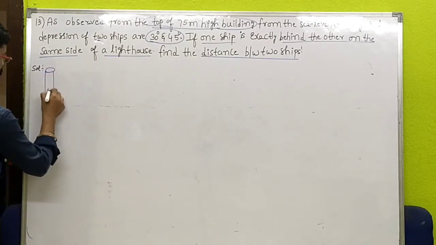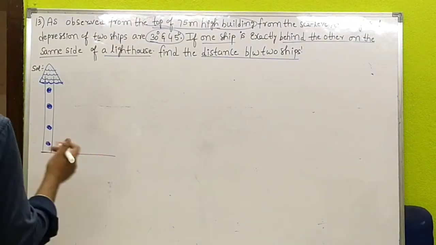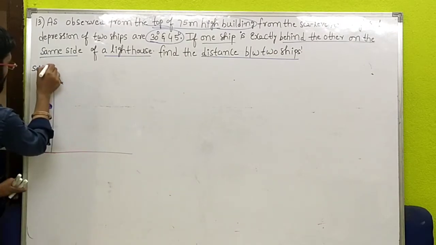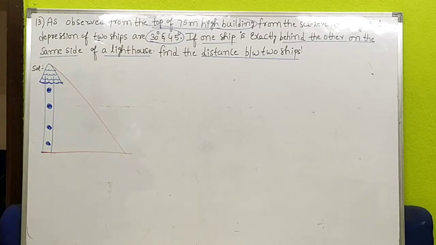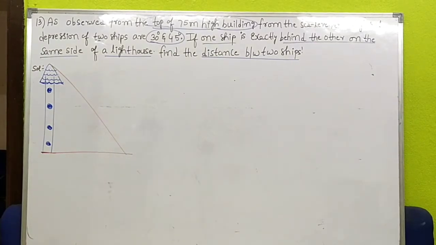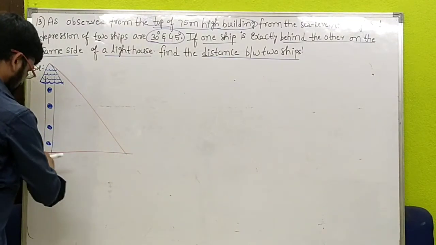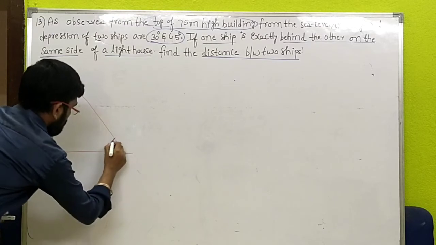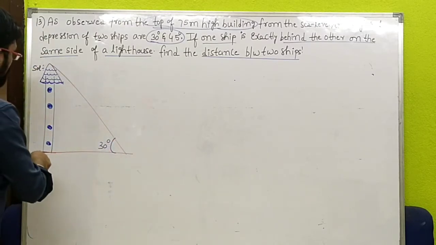Observing from this point, one ship is at an angle of 30 degrees and another one is at an angle of 45 degrees.